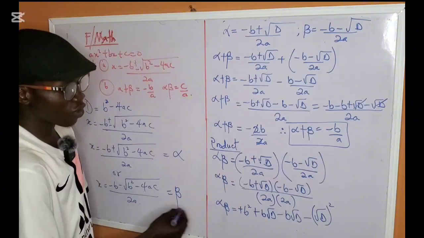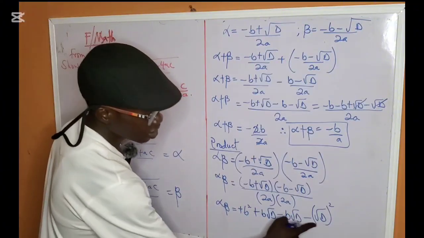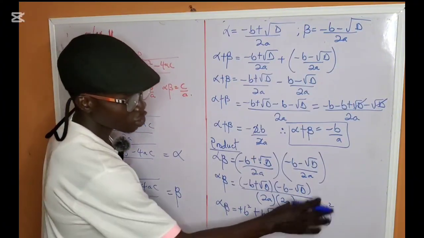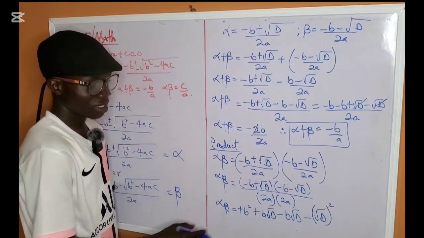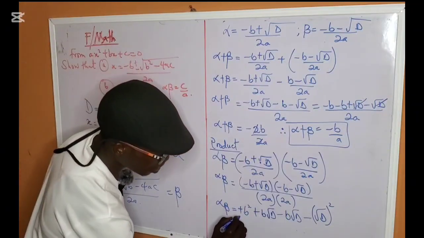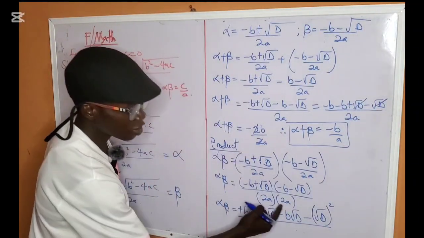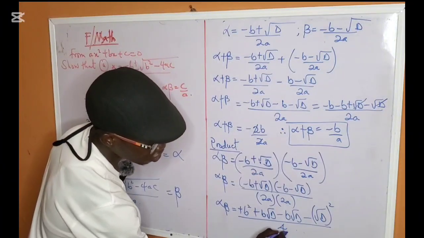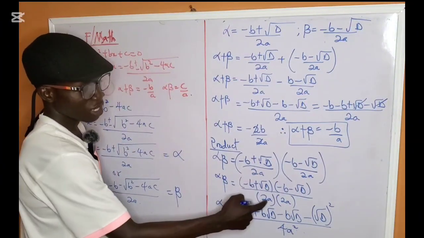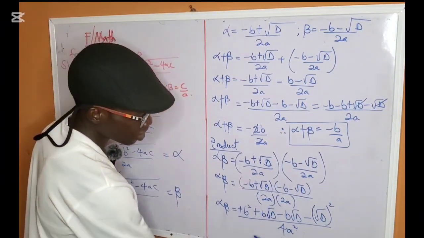If I'm solving it for advanced mathematics students, I don't need to write root d squared, I'll just write d. There's a reason I'm writing d, but let's do it one after the other. 2a multiplied by 2a, that will give us 4a squared. 2 times 2 is 4, a times a is a squared.